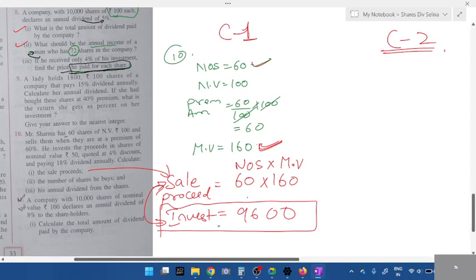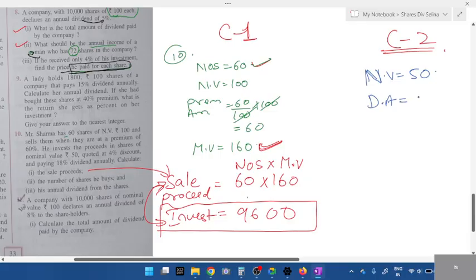Anyway, investment is 9,600. I'm going to write it here, students. Company 2. He invests the proceeds in shares of nominal value. For the second company, what is nominal value? 50. Quoted at 4% discount. What do you mean by quoted at 4% discount?